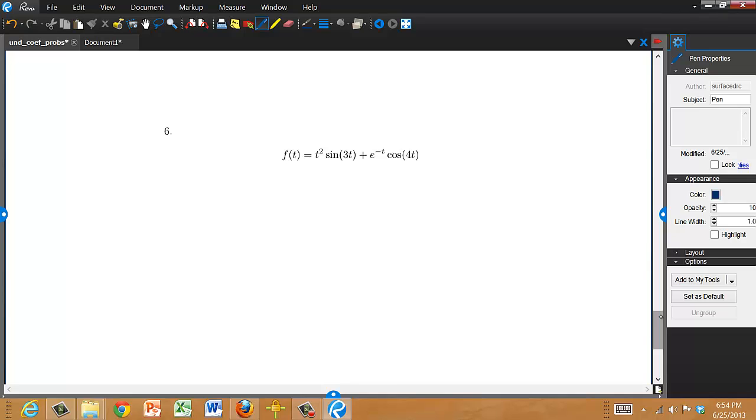Here we have a sum of things: a polynomial, a sine term, an exponential, a cosine term. So your corresponding guess will be yp.